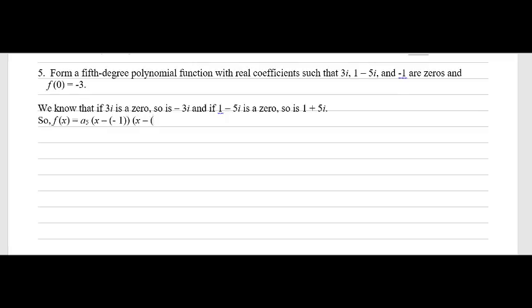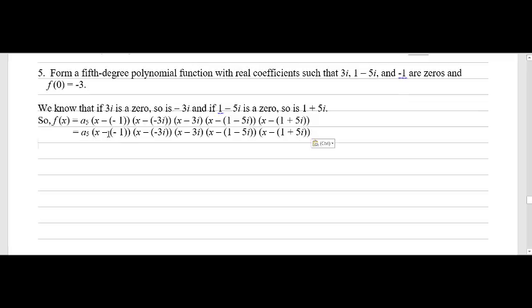So let's factor this. We're going to write this polynomial as a5 times x minus the zero, negative 1, times x minus the zero, negative 3i, times x minus 3i, times x minus the zero, 1 minus 5i, times x minus the zero, 1 plus 5i.